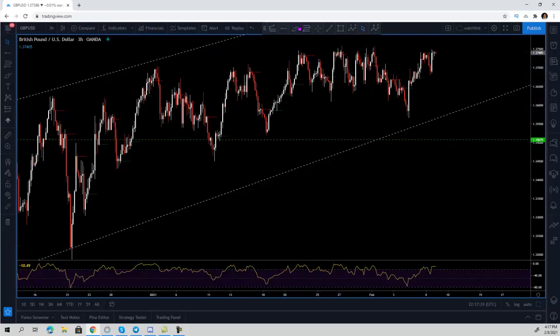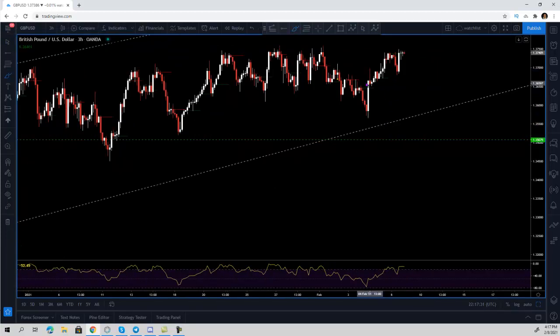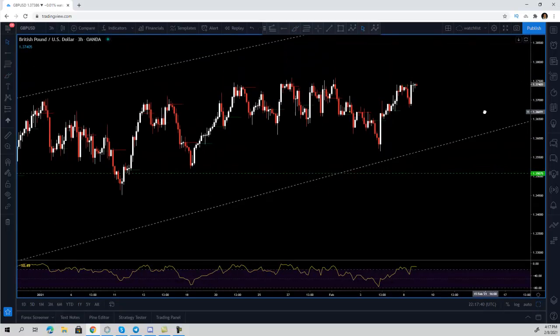But the thing is that there was no follow through on the move to the downside, as you can see here. And this candle right here was the candle after the monetary policy report by the Bank of England. That was a big bullish candle, even though the asset purchasing program remained the same at about 875 billion or so.